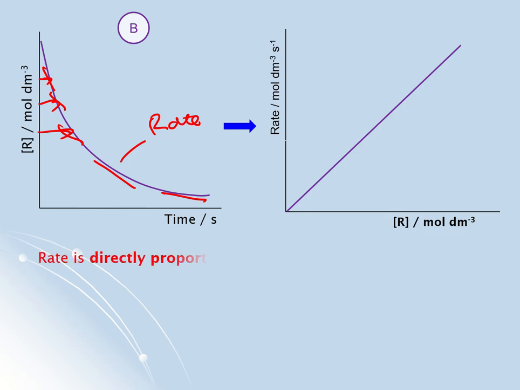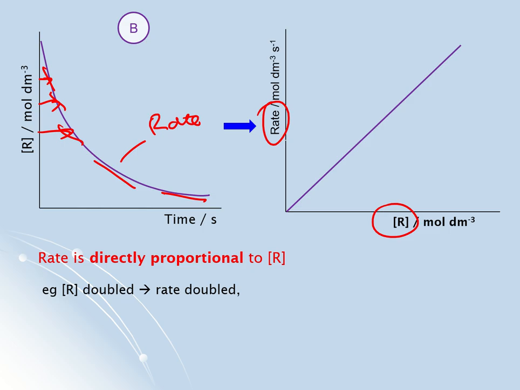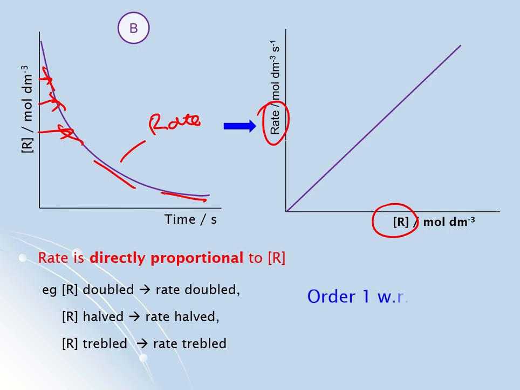So in other words, what we're saying here is that rate is directly proportional to the concentration of R. If I double the concentration, I double the rate. If I halve the concentration of R, I halve the rate. If I treble the concentration of R, I treble the rate, directly proportional. And when it's directly proportional, your deduction is that it is first order with respect to reactant R. Okay, and we would write it as such.